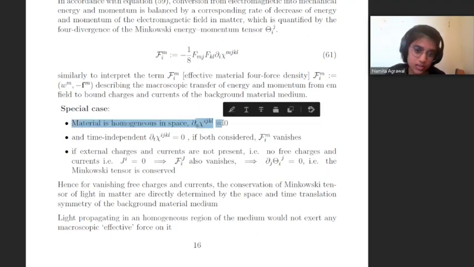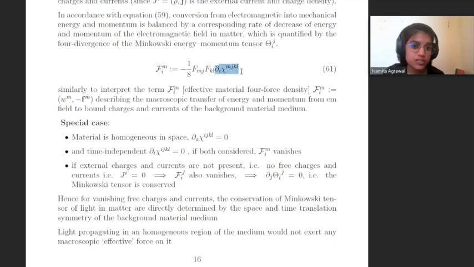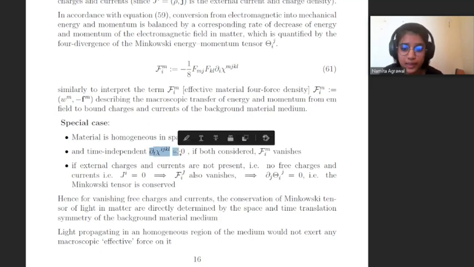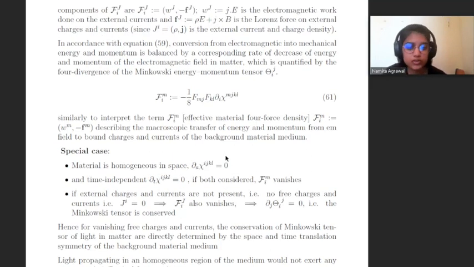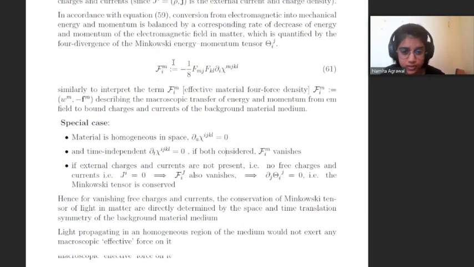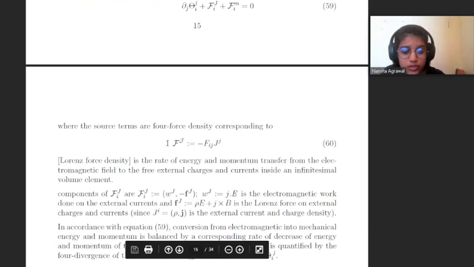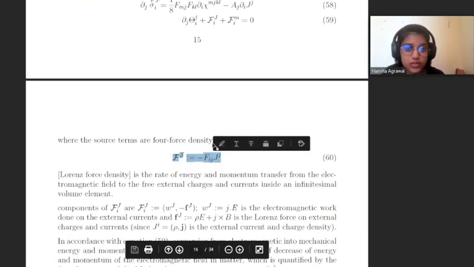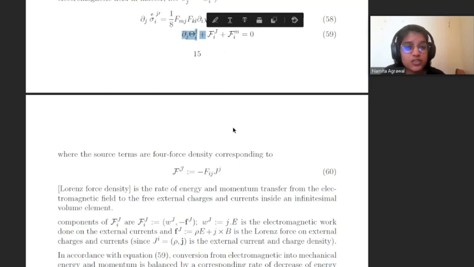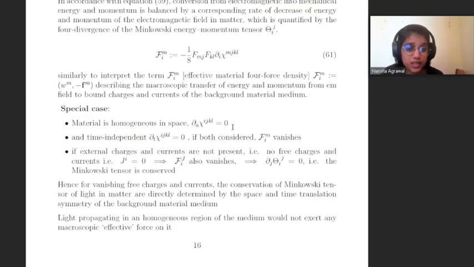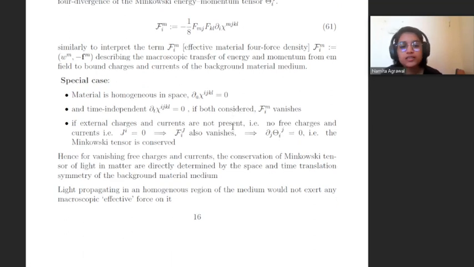So FIM would become zero, and the time dependence also zero. So the spatial and time derivatives both equal zero, FIM vanishes, and taking the free charges and currents to be zero, the contribution by the Lorentz force density will also be zero. So you'll just be left with the divergence of the stress energy tensor, which becomes zero under these two assumptions. So I can say that the Minkowski tensor for energy momentum in that case would be conserved.